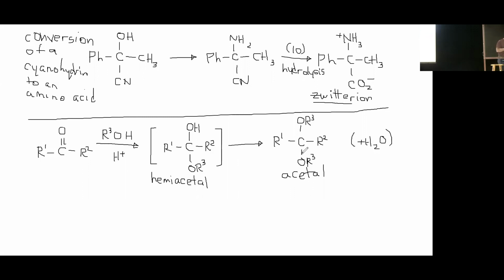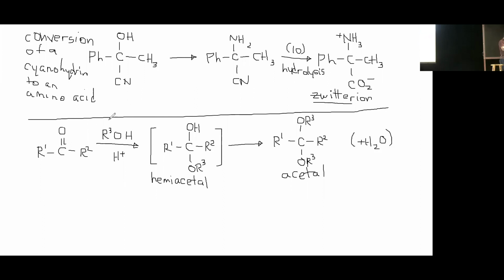So what you need to know is that if you start with any aldehyde or ketone, whether it's one you've seen before or not, and you treat it with an alcohol and an acid catalyst, generally these require heat as well. They tend to be on the endothermic side.